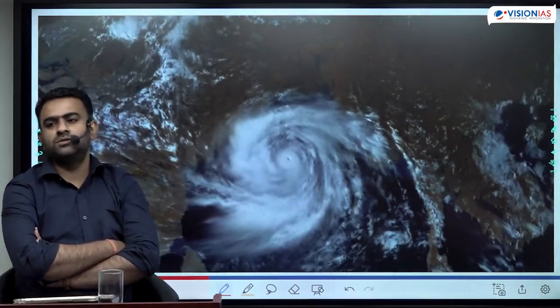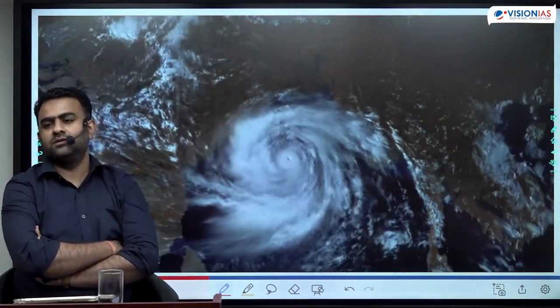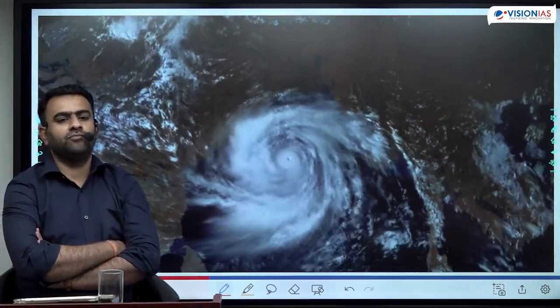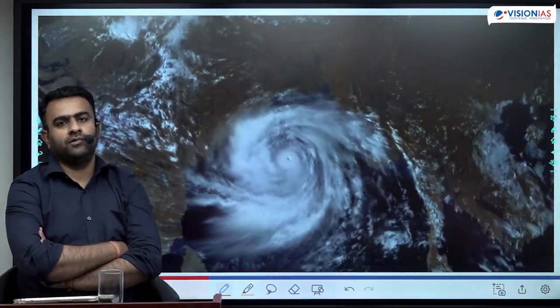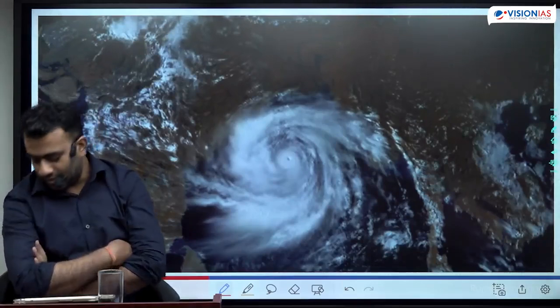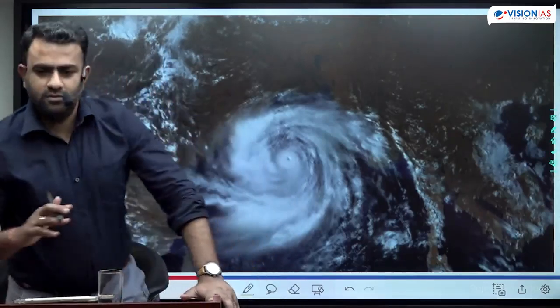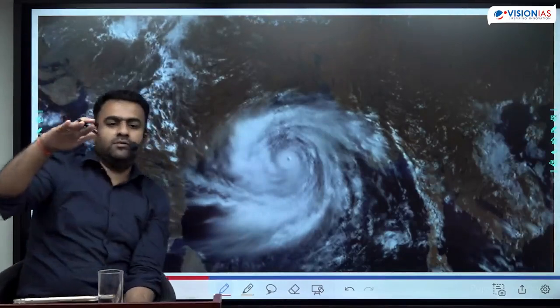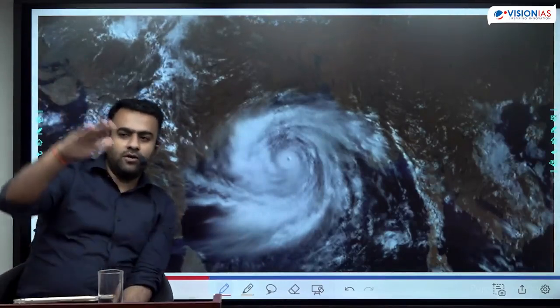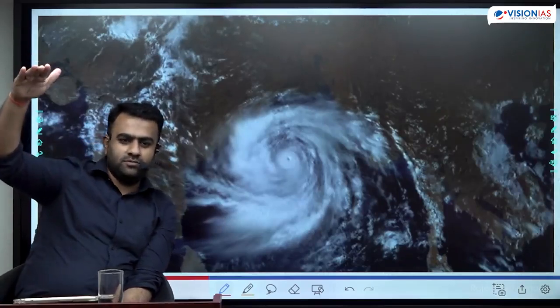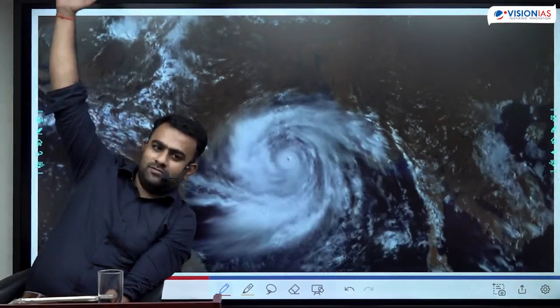It's a huge spinning structure made up of large clouds. So we discussed regarding the clouds. A normal cloud, cumulonimbus clouds, thunderstorms, cloudburst.